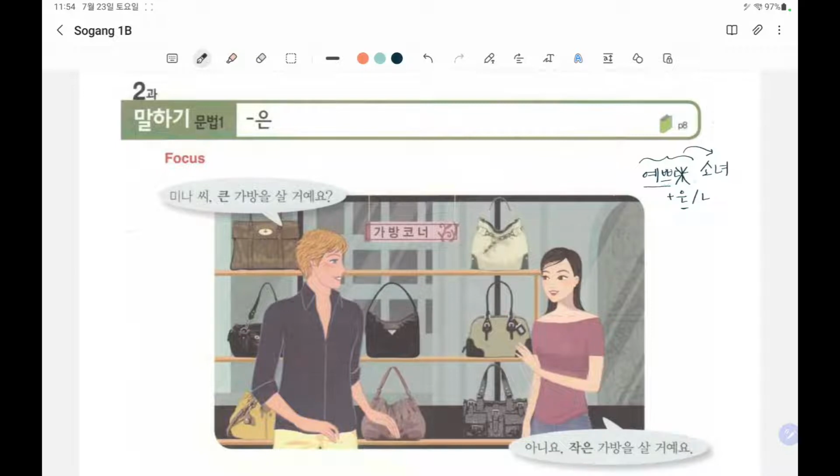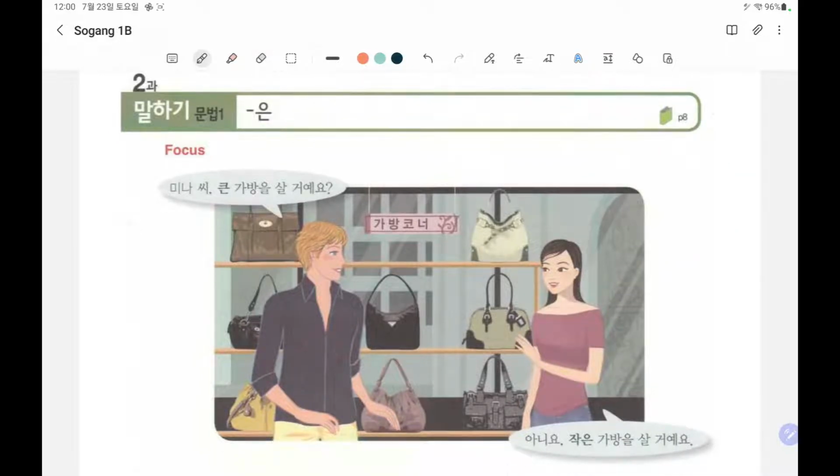If the stem doesn't have any consonant, in other words, 받침 없어요, we need 받침 니은 only. So how would you say the pretty girl? We have to say 예쁜 소녀. Okay, this is the proper way to modify a noun with an adjective. So we need 은 here.